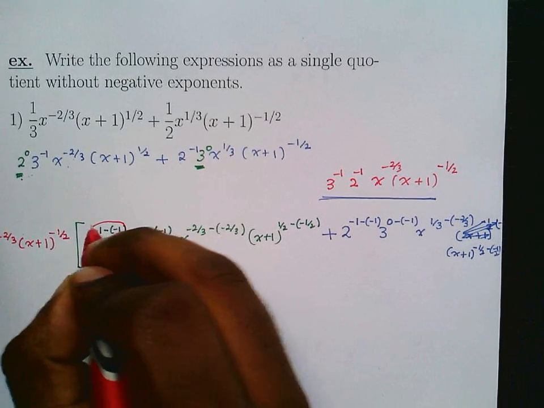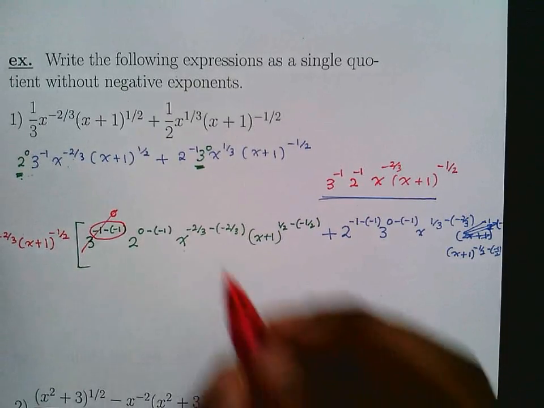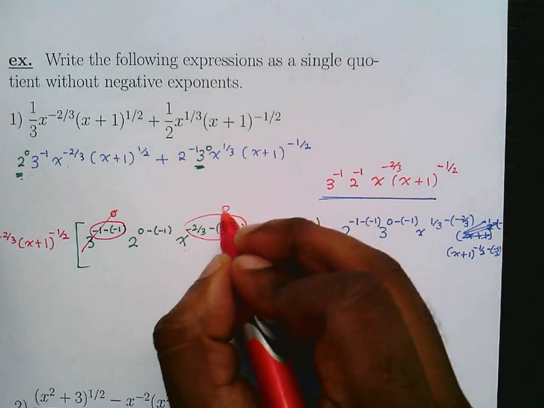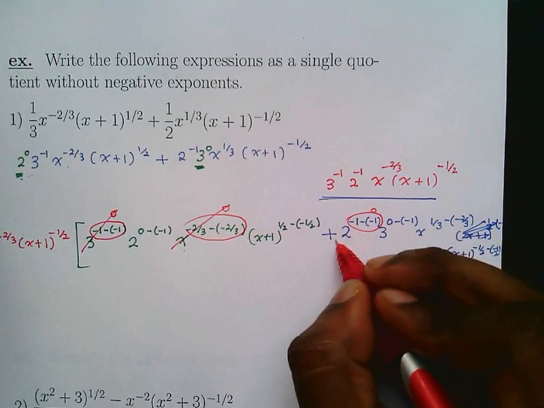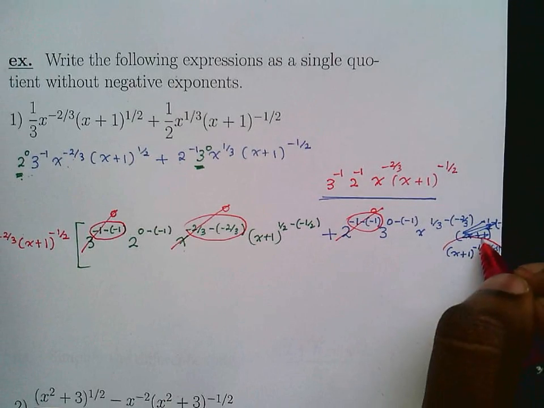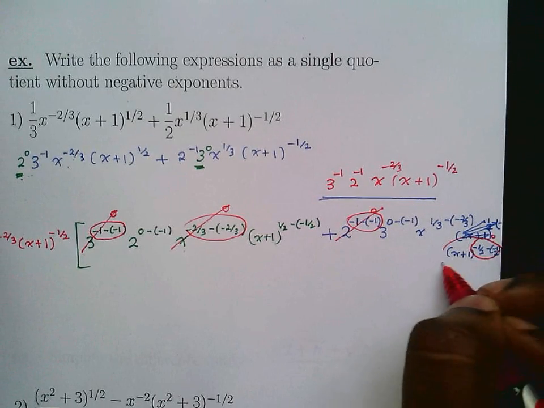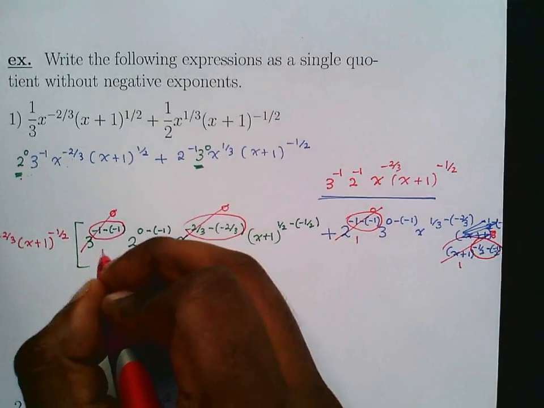So if it becomes 0, it just becomes 1. So you can just cross it off. This becomes 0, so cross it off. This becomes 0, so cross it off. And this becomes 0. The exponent becomes 0, so cross it off. All this becomes 1.